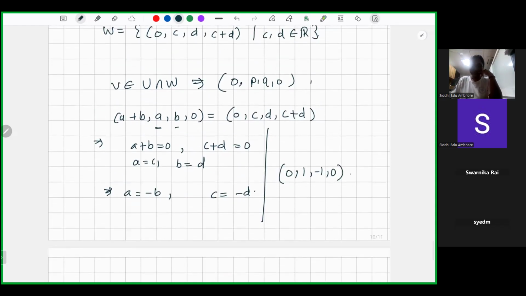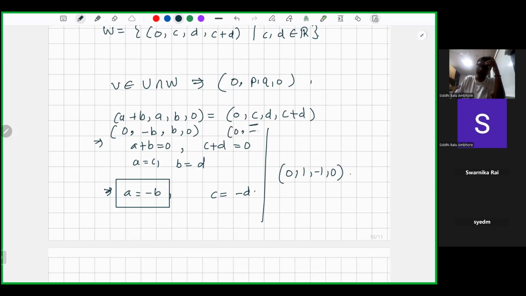Yes, exactly. Because A is 0, A, minus A, and C is 0. Yes, this A is equal to minus B. So this becomes 0, A, minus B, and 0. And here C is minus D, similar thing, minus D, D, 0.